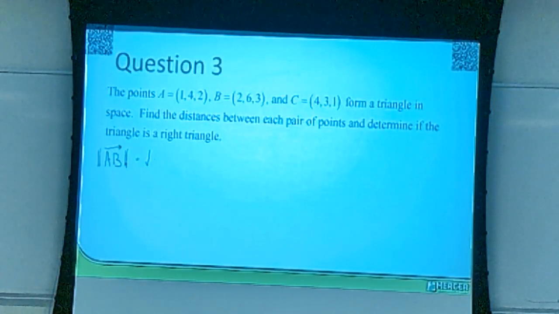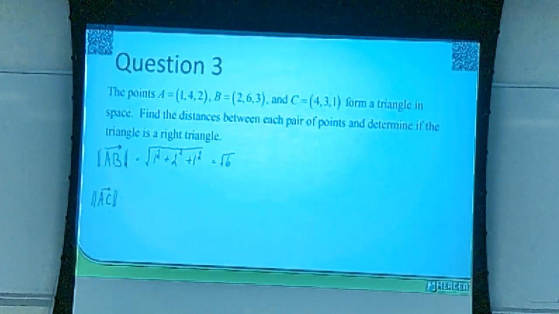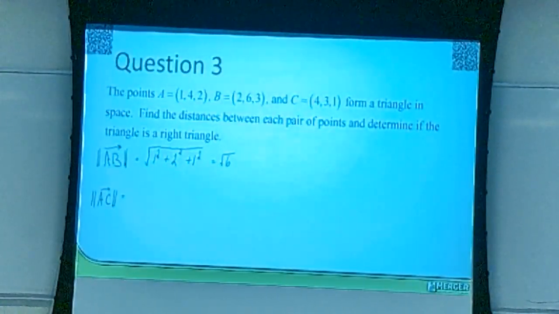1 squared plus 2 squared plus 1 squared? Square root of 6. Length AC, square root of 3 squared plus 1 squared plus 1 squared.